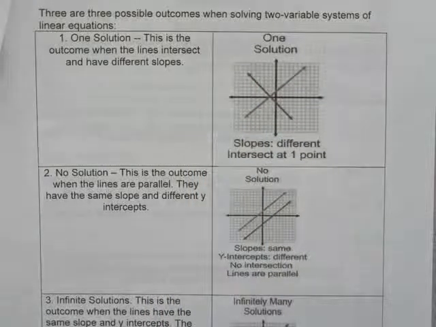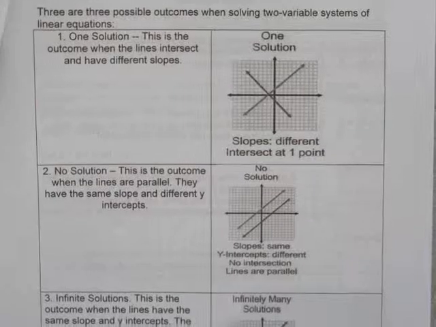And where they intersect, that point would be the solution set for the system. Okay, so just once again, a system of equations with one solution will have a different slope and different y-intercepts.